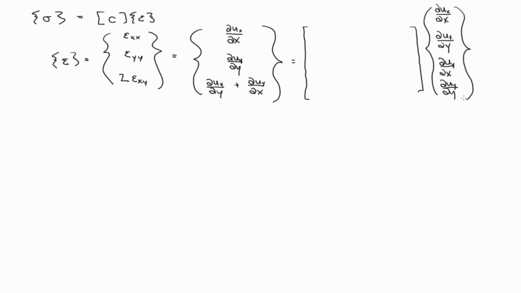And so then that something, what I'm trying to get is, if I multiply that vector times something, I want that. So the something is 1, 0, 0, 0, 0, 0, 0, 1, 0, 1, 1, 0. Everybody see that? If I multiply that vector times that matrix, those zeros and ones just allow me to pluck off the right entry such that I get the strain terms over here. Okay?